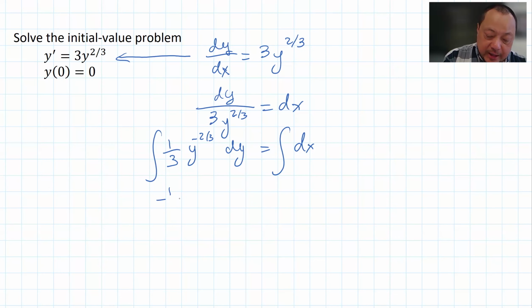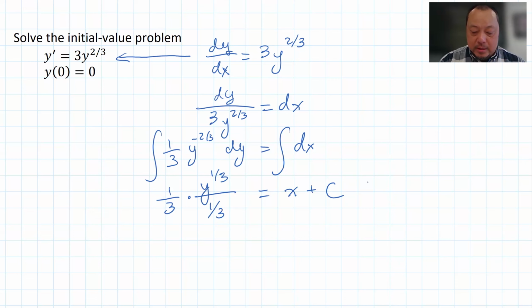On the left, I have y to the 1/3, and on the right, I have x plus c. The 1/3 here and that 1/3 there cancel. I have y to the 1/3 equals x plus c. I raise to the power of three on both sides, then the left side becomes just y, and the right side becomes (x plus c) cubed.